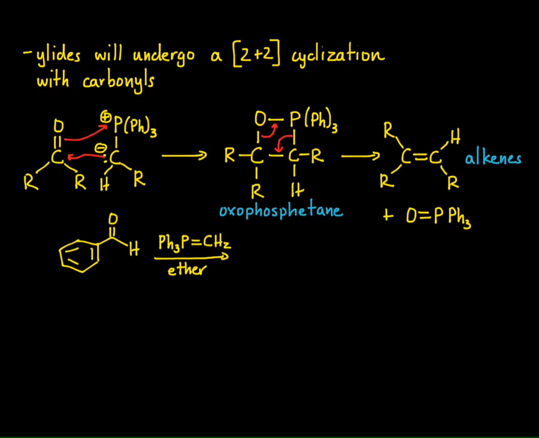Notice in this example there are two hydrogens, and so we produce a terminal alkene this way. So that CH2 group is at the end, and we've just basically converted the carbonyl into a carbon-carbon double bond.